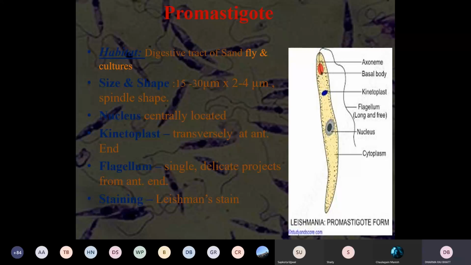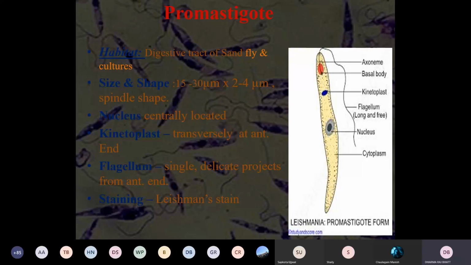Right? Now, if we compare the size and shape of the amastigote with the promastigote, these are much longer, 15 to 30 micrometer, and 2 to 4 micrometer in width. The shape is spindle shaped and much larger than the amastigote forms.